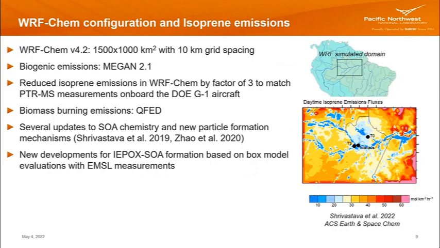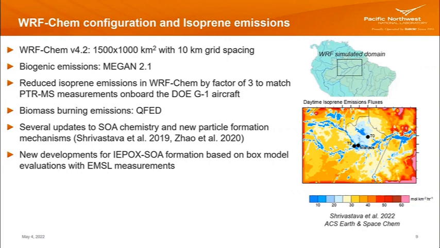During the GoAmazon 2014 field campaign, there were measurements by the DOE G1 aircraft, but also the German HALO aircraft was flying. And the German aircraft was flying all the way from near the surface to about 12 to 14 kilometer altitude. And so this huge altitude range was a very nice constraint to understand the processes in the models. The way I'm modeling it, WRF-CAM 4.2, again, you can see the modeling domain over the Amazon here.